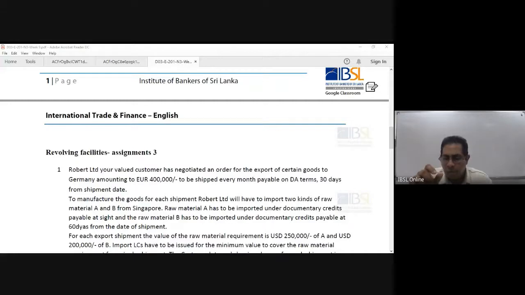So the buyer won't be able to use the full credit period of 60 days because 5 days are already gone. And the buyer also comes to the bank 3 days after that. So 8 days have gone from the credit period. It's 52 days now. So it's not reasonable or fair if the customer says, now you discount for 60 days. Actually, he doesn't have 60 days. He has only 52 days.